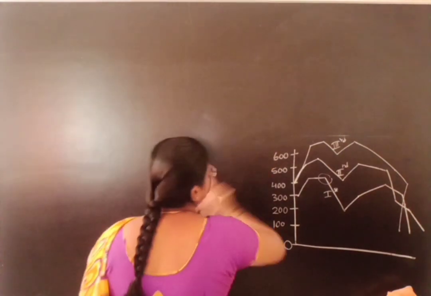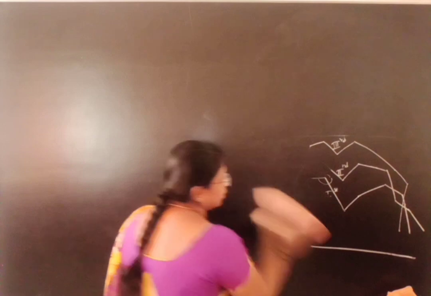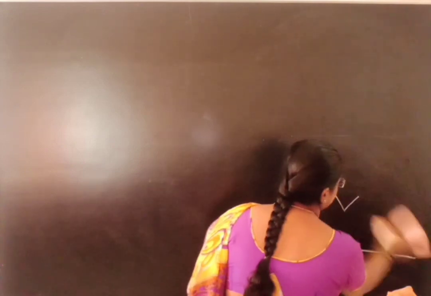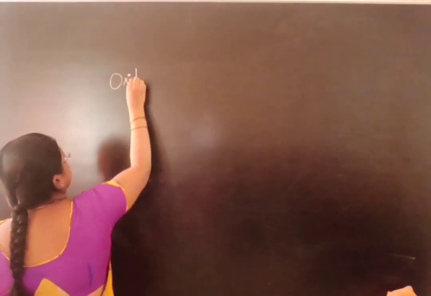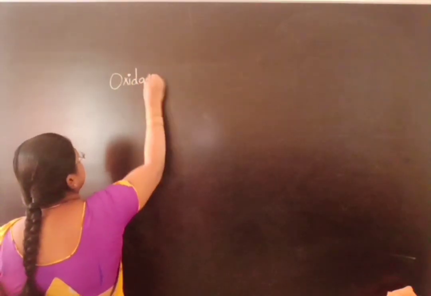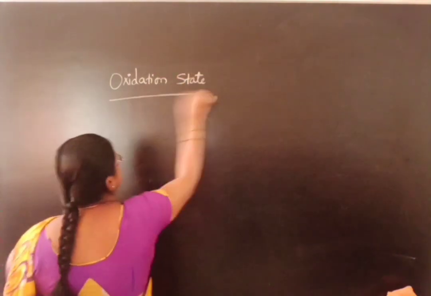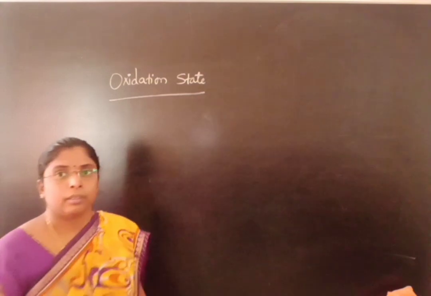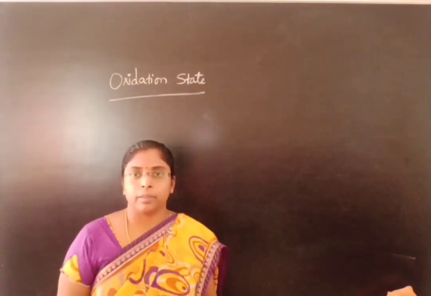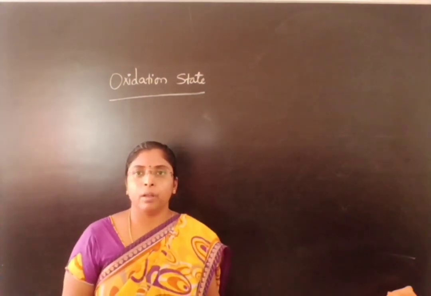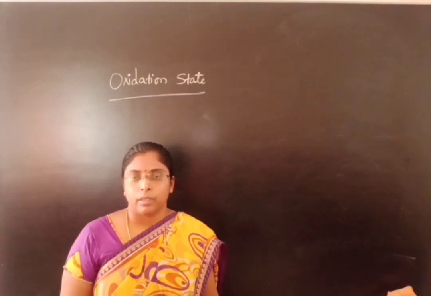After enthalpy of atomization, next comes oxidation state. These d block elements exhibit variable oxidation states.